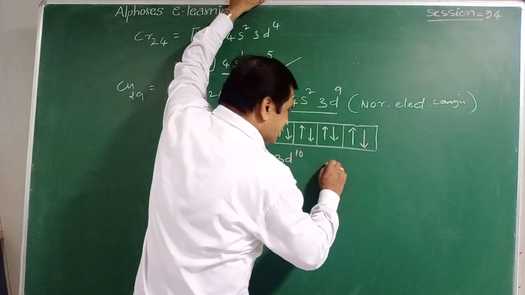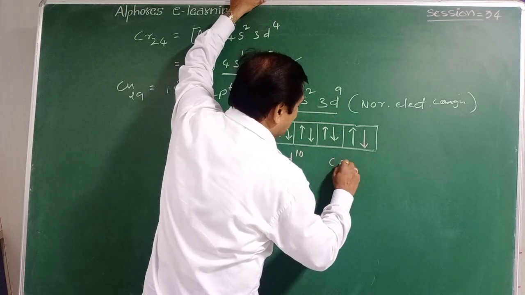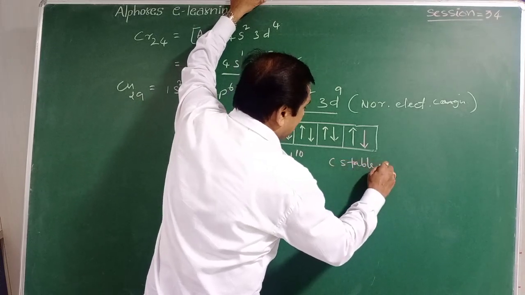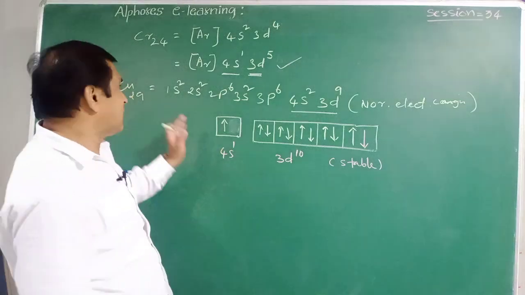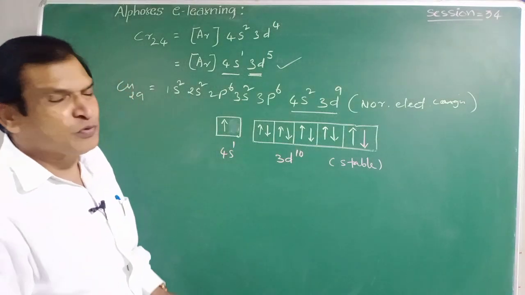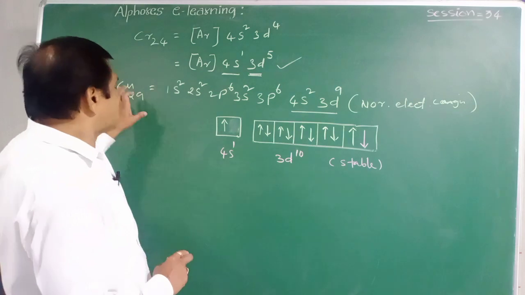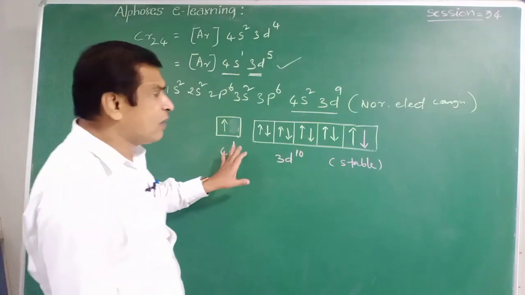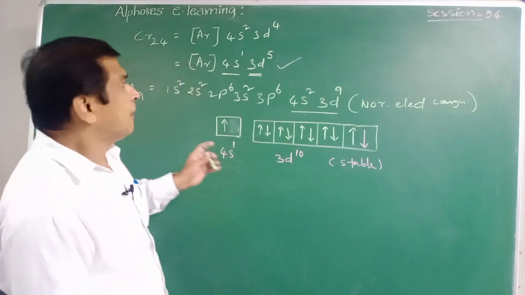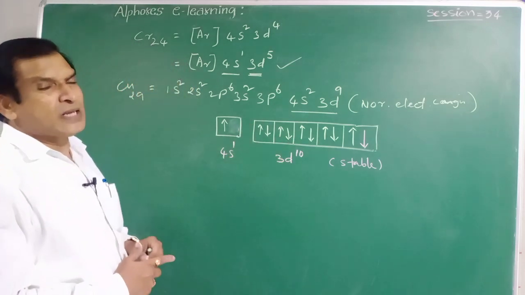This is the stable electron configuration of copper atomic number 29. Always remember that the stable configuration of copper is 4s1 3d10, with completely filled d orbitals. So this is the anomalous electron configuration.